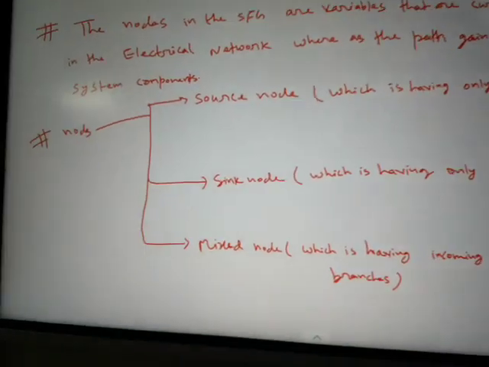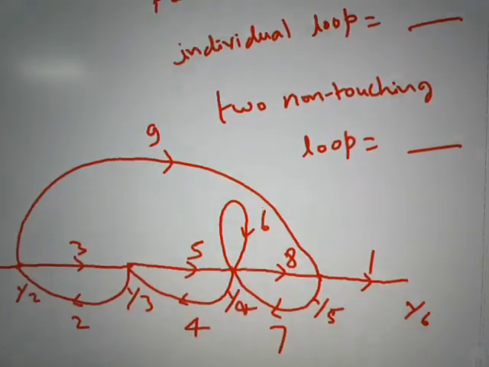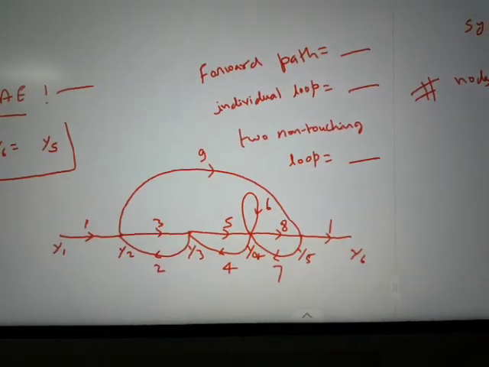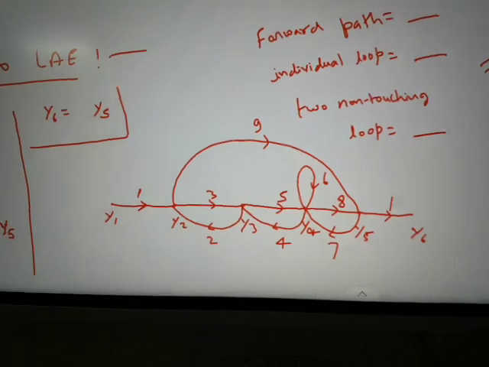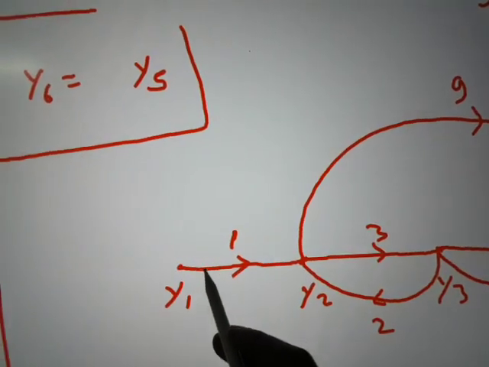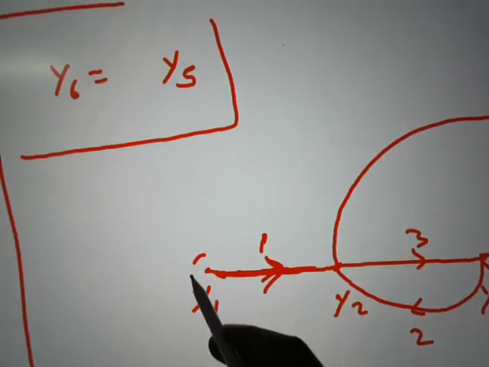Okay, so from the previous examples, can you tell me which node is the source node, sink node, and mixed node? Coming here to y1, at this node only an outgoing branch is there, so this is my source node.